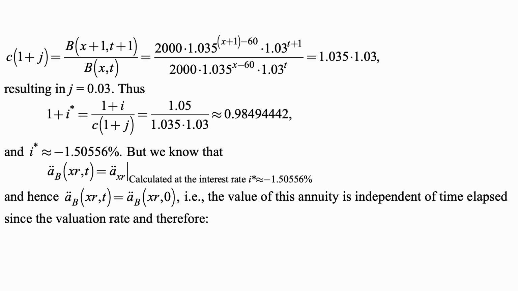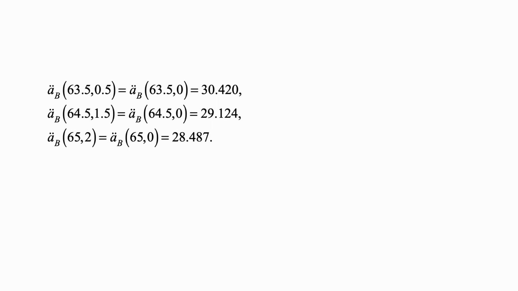So the value of the annuity is independent of time elapsed since the valuation date, and therefore we have this situation that the annuity values used in the calculation of the cost of healthcare are the same as the ones given in the problem. So ä_b(63.5, 0) is given in the problem as 30.420, and we need for the calculation ä_b(63.5, 0.5). Well, no problem, because we can use ä(63.5, 0), which is again given as 30.420.